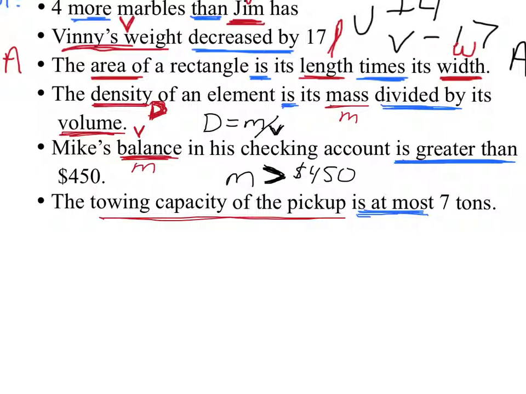So this is not an equation. It says "is at most," so that means it can't be more than 7. Okay, so it's up to 7. The letter we will use for towing capacity is C. And we can write C is at most, meaning that C has got to be less than or equal to 7 tons.